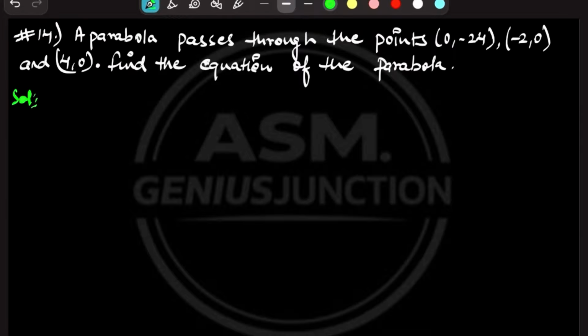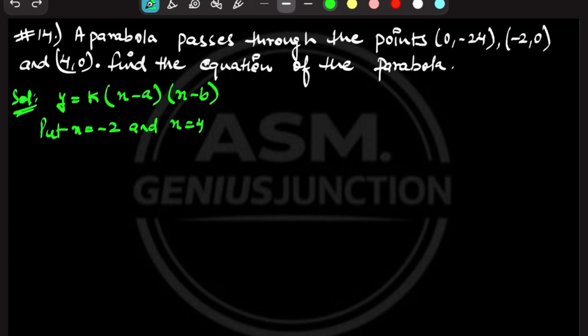As we know that this curve is passing through 3 points and this is a parabolic equation, I just take a general equation like y equals k times x minus a and x minus b as the two factors, right? I don't know the value of k, a, or b. So y equals k times x minus minus 2, that is x plus 2, and x minus b, that is x minus 4.